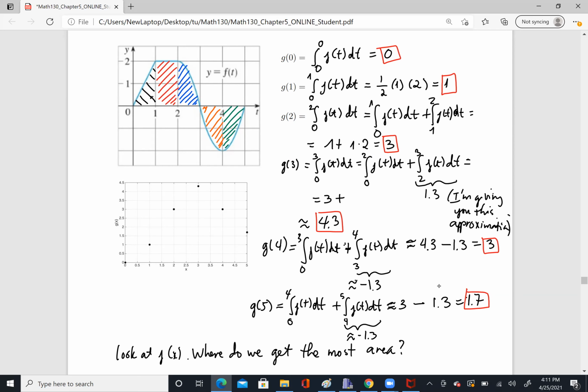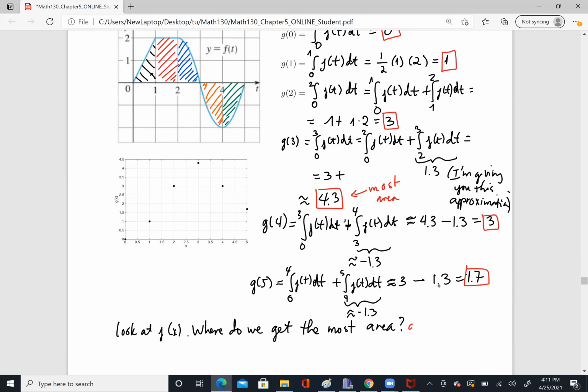So where do we get the most area? So the most area is here, right? Most area, 4.3, which is at x equal to 3.